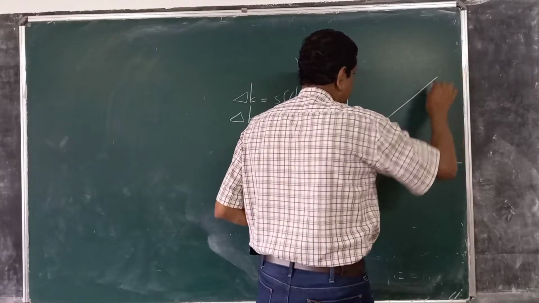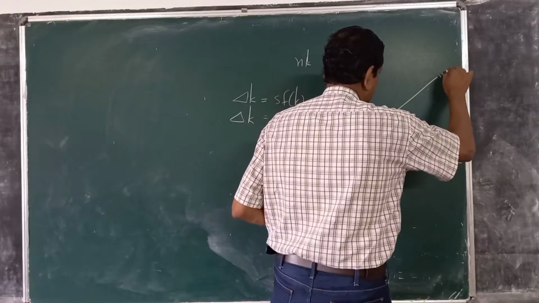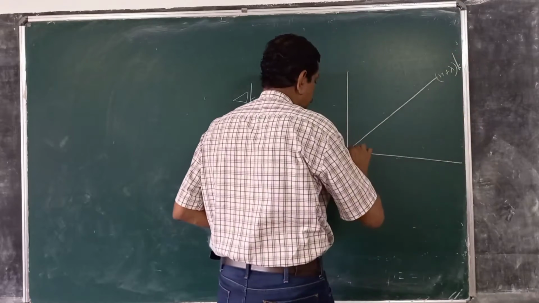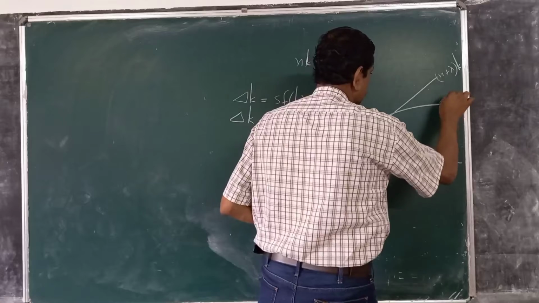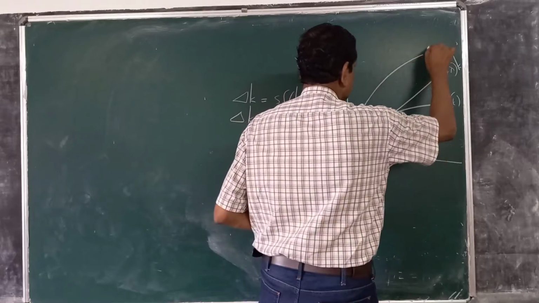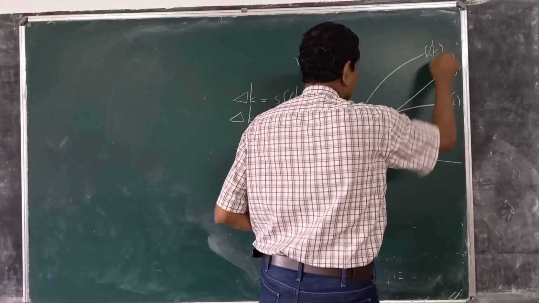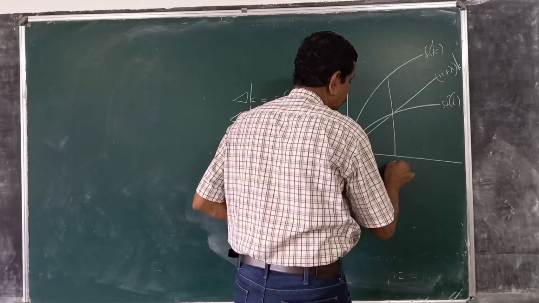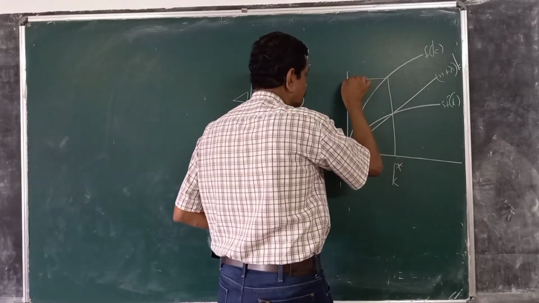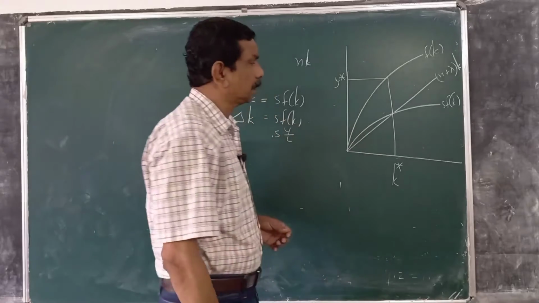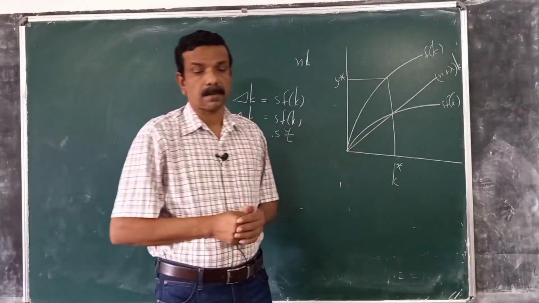Instead of lambda k, it is now n plus lambda k, and this is S of k, and this is f k, k star, and this is y star.